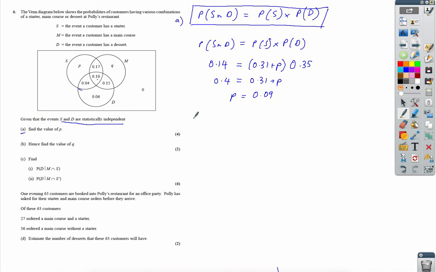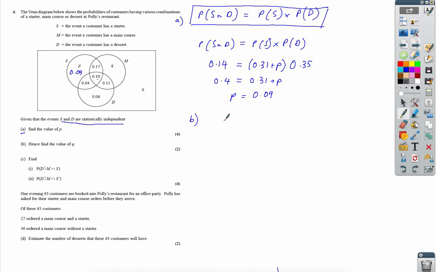Okay, let's find the value of Q. Q is this little bit in here. I know that that little bit here is now 0.09. I know that everything should add up to 1. Just need to get on and work that out.